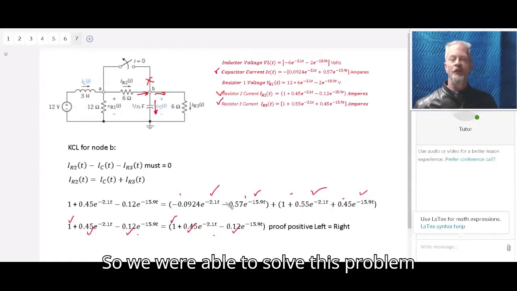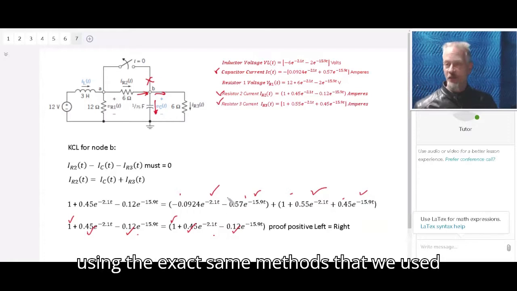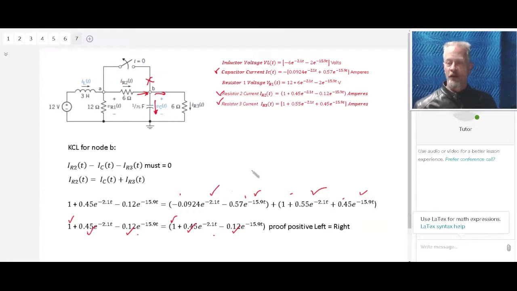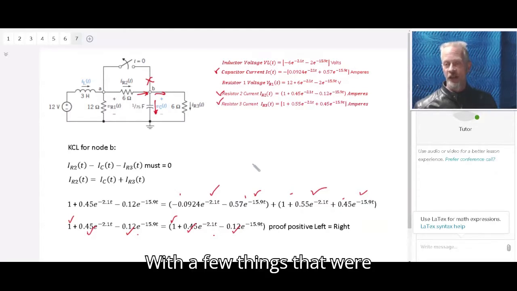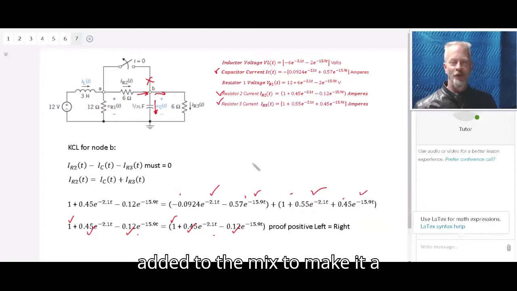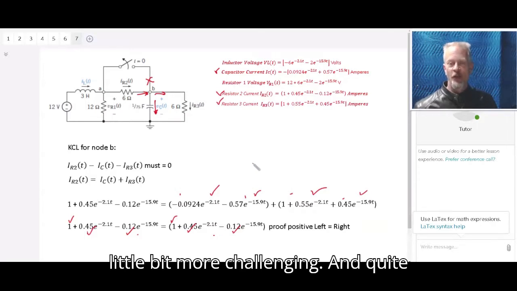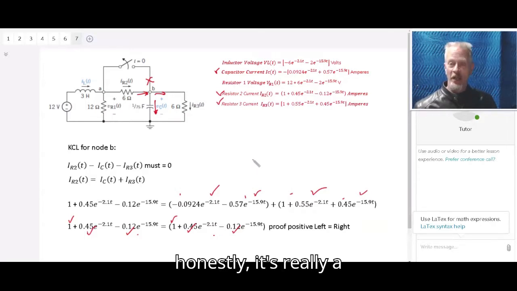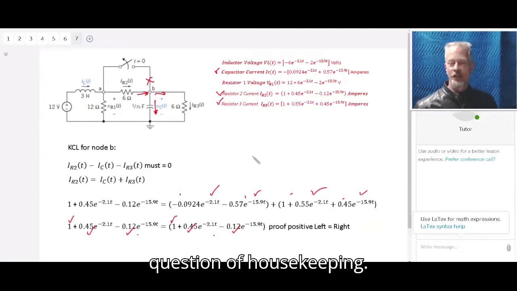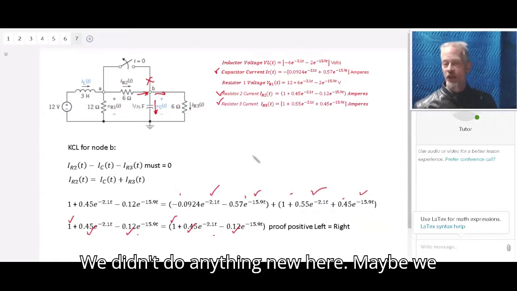So we were able to solve this problem using the exact same methods that we used in our circuits classes, with a few things that were added to the mix to make it a little bit more challenging. And quite honestly, it's really a question of housekeeping. We didn't do anything new here.